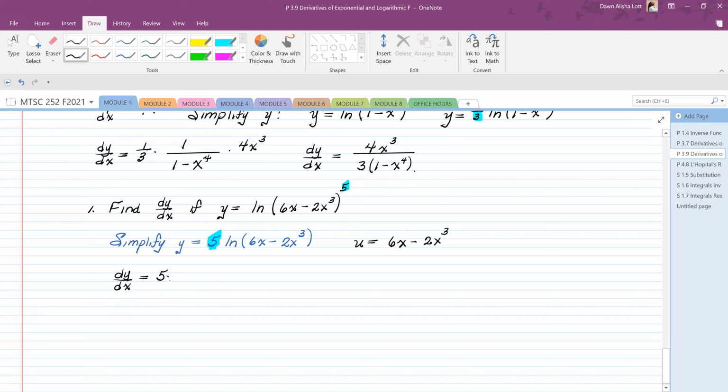Well, you put 6 minus 6x squared over 6x minus 2x cubed, with the 5 to the left, divided by 6x minus 2x cubed. Looks good to me. Okay, does that reinforce your understanding a little bit?